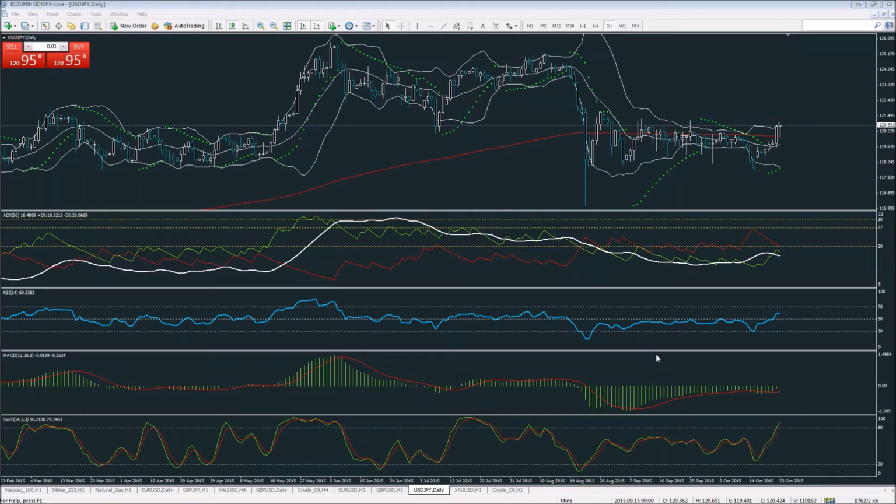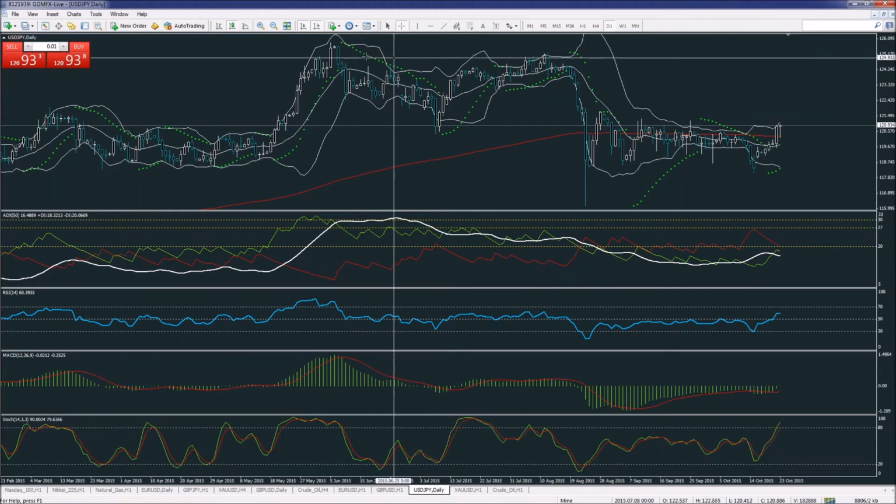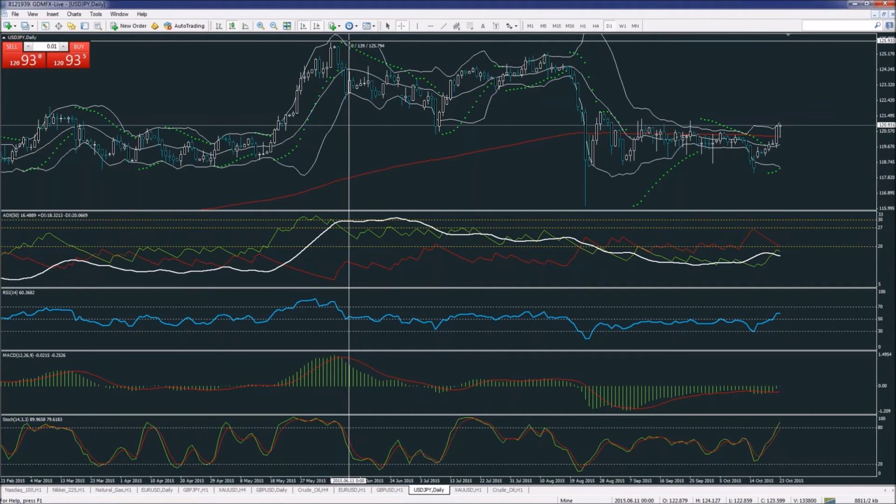So if I have to remember, many years ago we had a quotation of 98 yen per dollar. So you see, right now we have 120. Even it was up here to 125, 126 very recently.